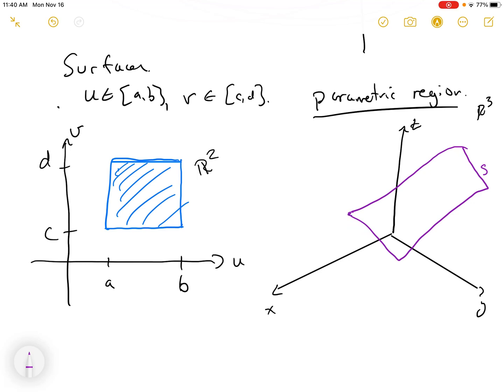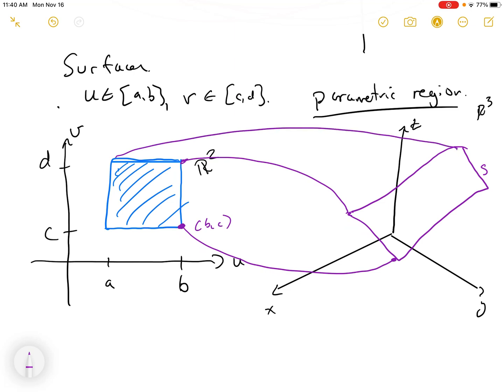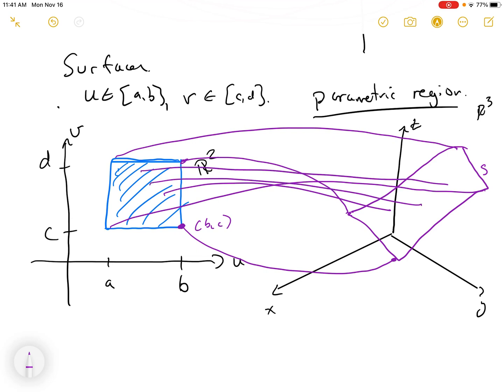And just like before, all we've taken now are ordered pairs, so let's pretend that this corner here, which is the point (b, c), maps to that corner, let's say, and this one maps to this corner, and this one maps to this corner, and this one maps to this corner, and all the points inside here map to this surface. Right?